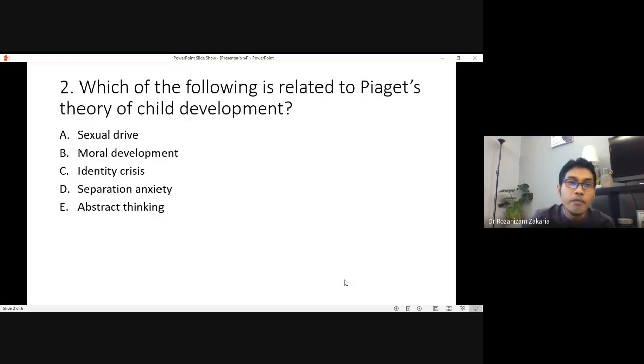Okay, second one. Which of the following is related to Piaget's theory of child development? So kita cakap tentang tiga kan. Piaget, Freud dengan Erik Erikson. So which one of the following is related to Piaget? You all nampak slide saya kan? So A, sexual drive, B, moral development, C, identity crisis, D, separation anxiety, E, abstract thinking.